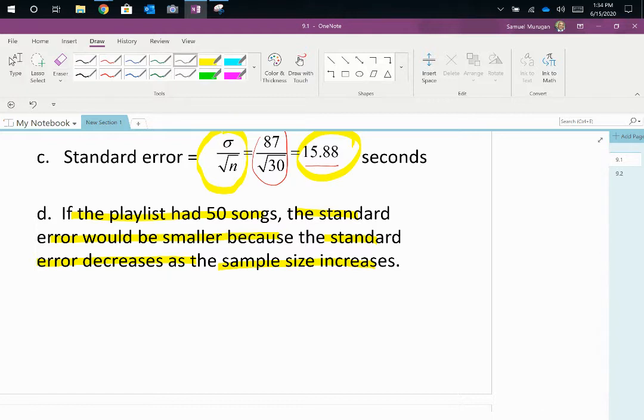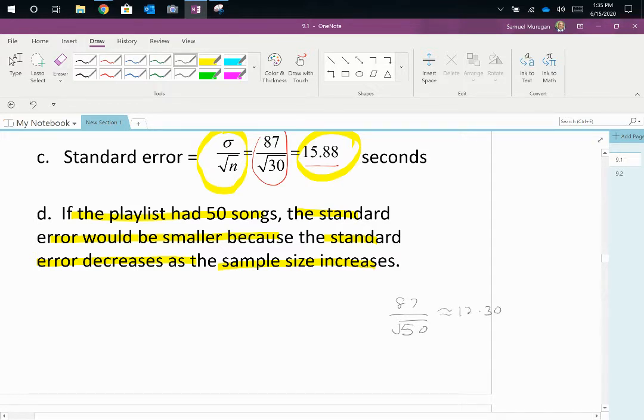It would now be 87 over the square root of 50, which if you put that into a calculator, 87 divided by the square root of 50, gives approximately 12.30.